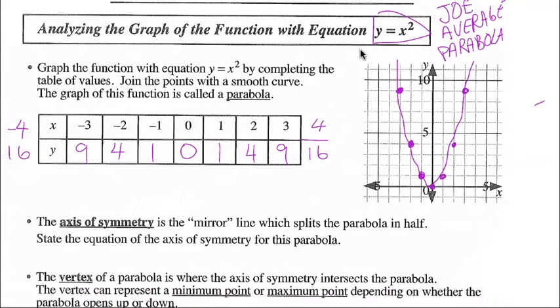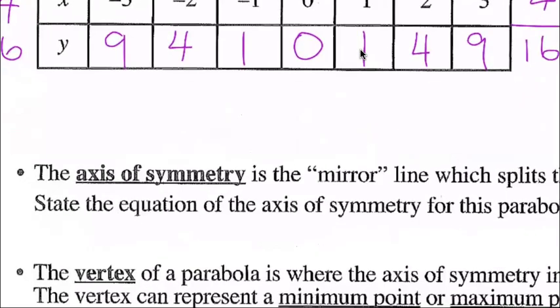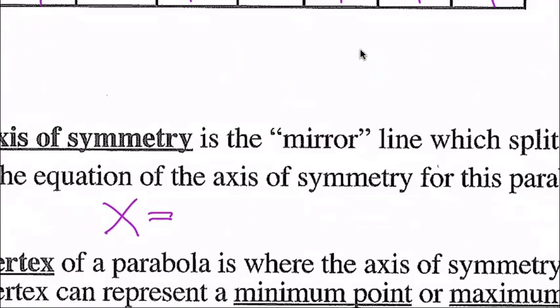The axis of symmetry is the mirror line which splits the parabola right in half. So if we took a line and drew it straight down the middle like this, it's going to cut this parabola directly in half. What is the equation of that line? Hopefully you remember vertical lines have equations x equals some number, and in this case, 0.